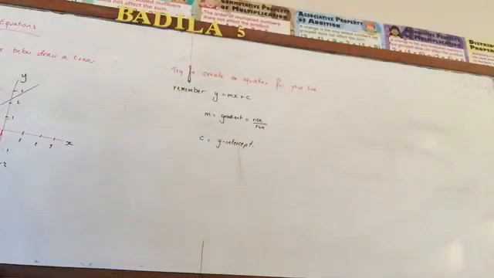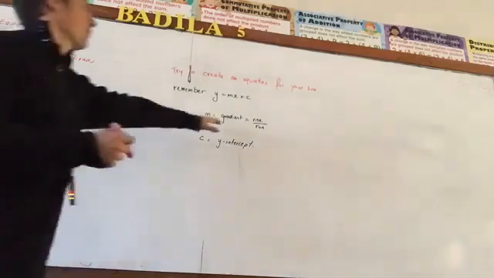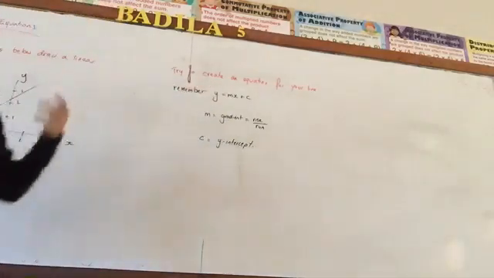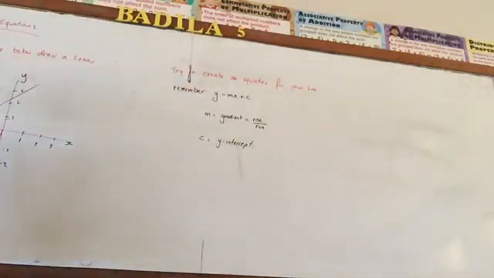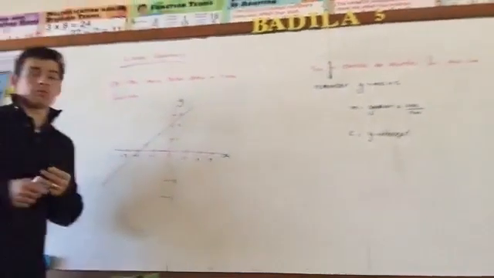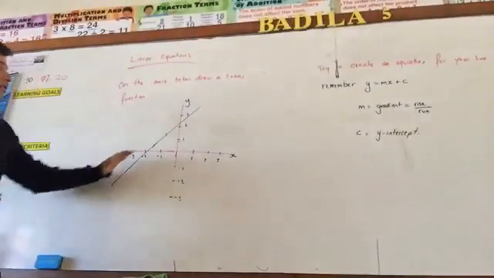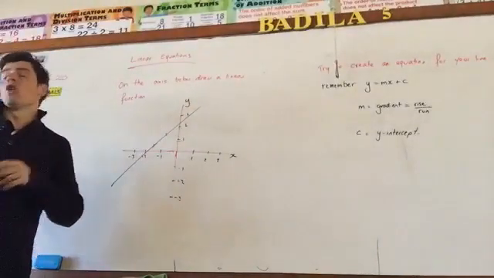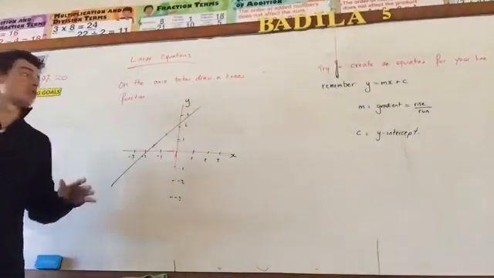But before I do that, I need to find my M and my C. So I need to look at what I know. I know my M is my gradient, and my C is my y-intercept. What is a y-intercept? Where does that occur, Harry? It's when the line crosses the y-axis. So when the line crosses the y-axis. Cool? I've done this very roughly and I don't want to get bogged down.